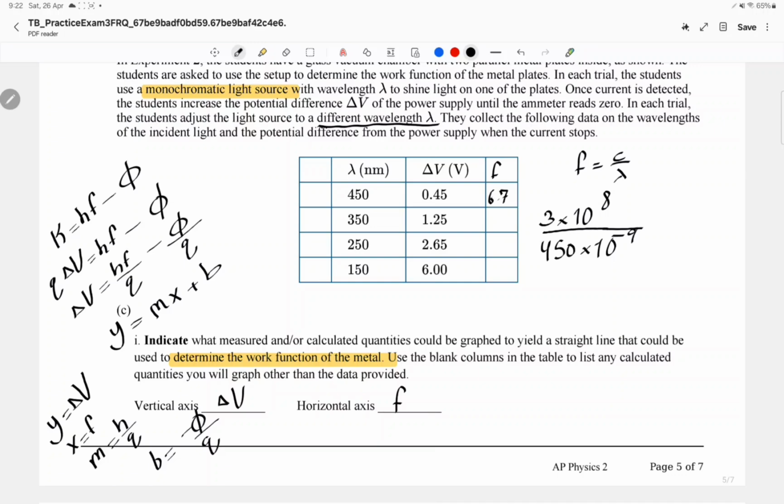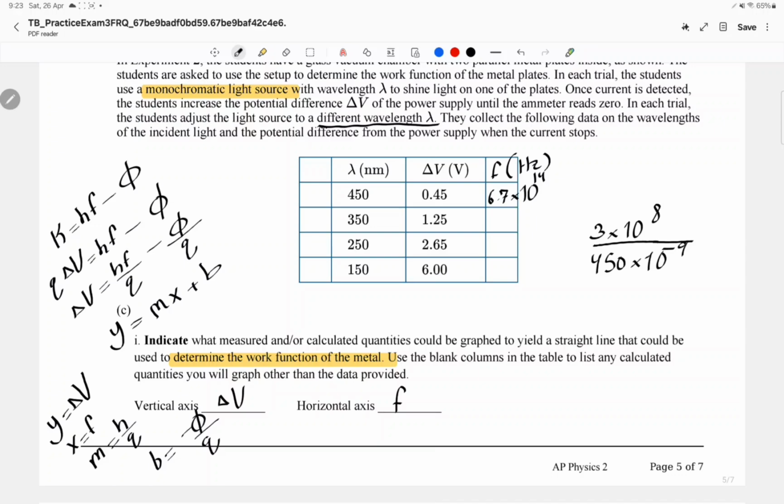First one I got 6.7 times 10 to the power of 14. Of course, the unit has to be hertz. Okay, next row.